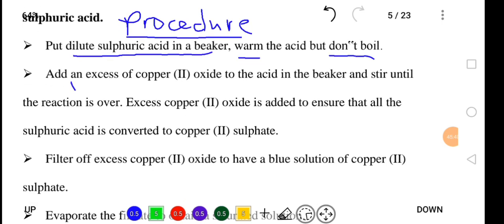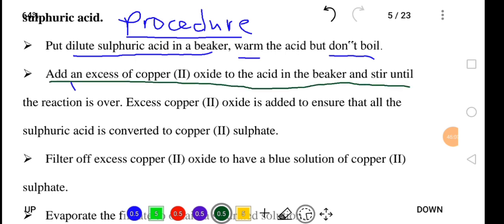Add an excess of copper 2 oxide to the acid in the beaker and stir until the reaction is over. Understand, my dear learners, very important. Add an excess of copper 2 oxide. Why are we adding excess of copper 2 oxide?